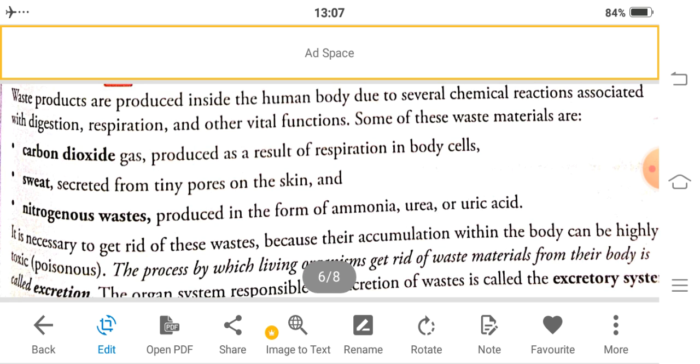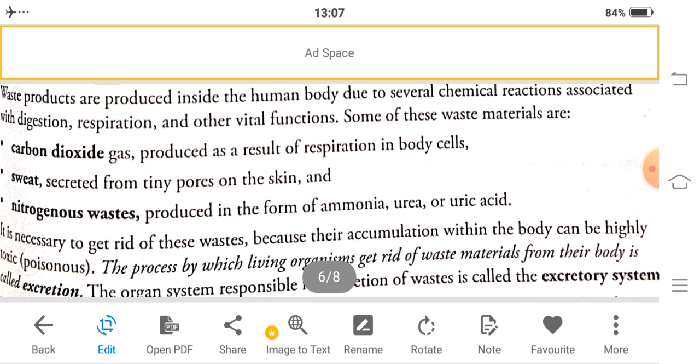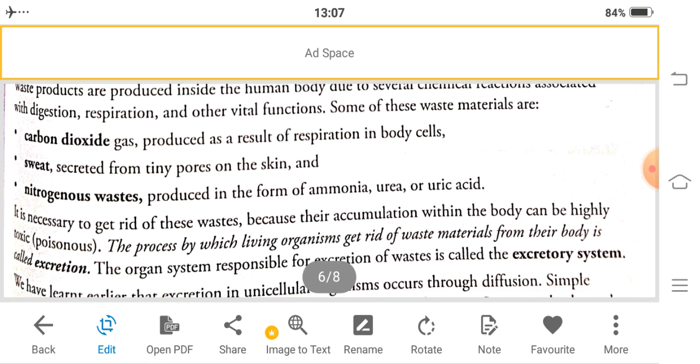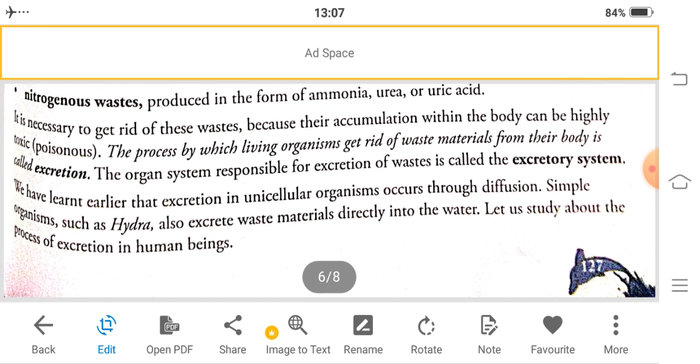It is very important to remove waste out of our body, because if all the waste material is collected in our body, then our body will become toxic, or poisonous. The process by which living organisms get rid of their waste material from the body is known as excretion.